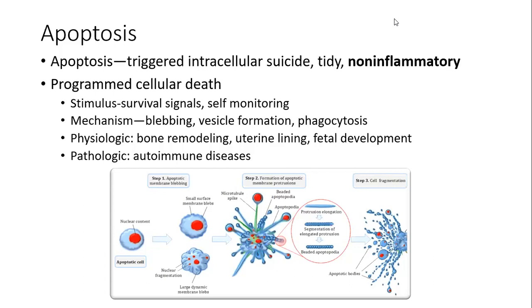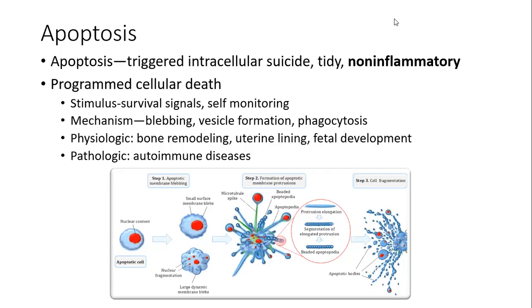This image shows the process of apoptosis. Cytochrome C leaks into the cell, which triggers caspases, which are enzymes within the cell. That sets off a cascade.